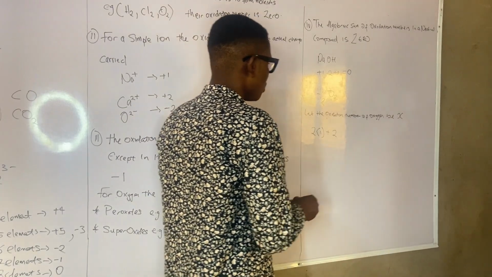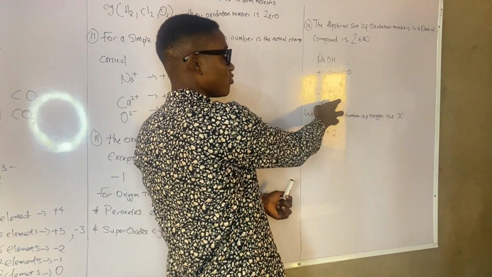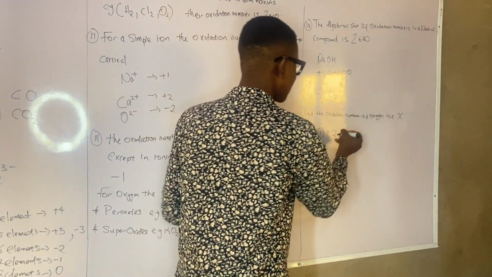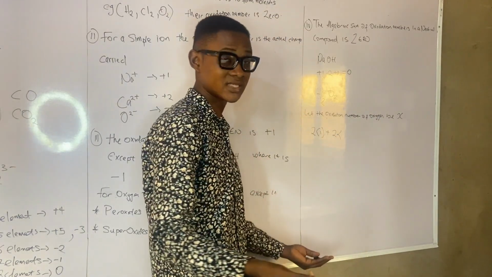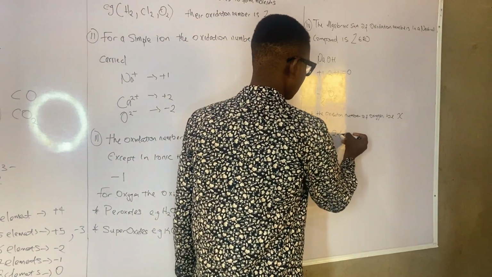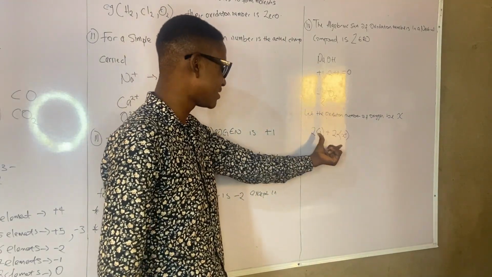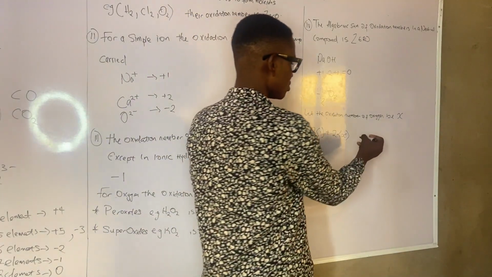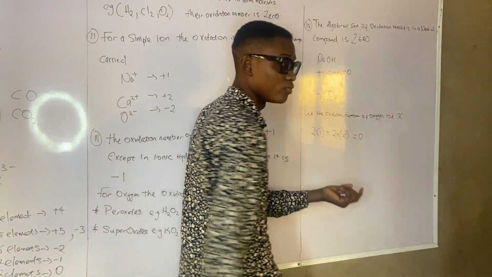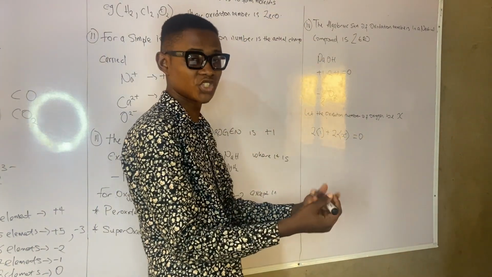So we have 2 atoms of oxygen here, that is 2 times the oxidation number, we don't know it, and we call this X. Since it's a neutral compound, if we add everything together, it's going to give us 0. Now, what remains is just mathematics.